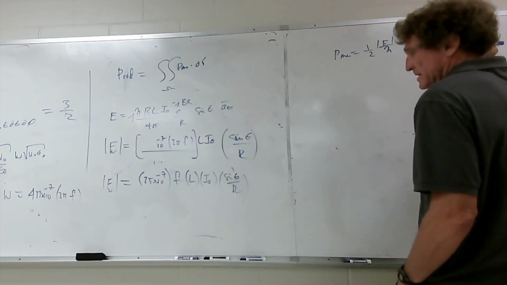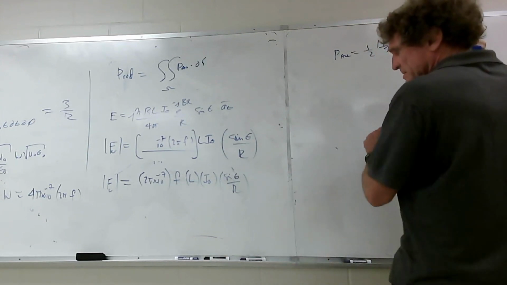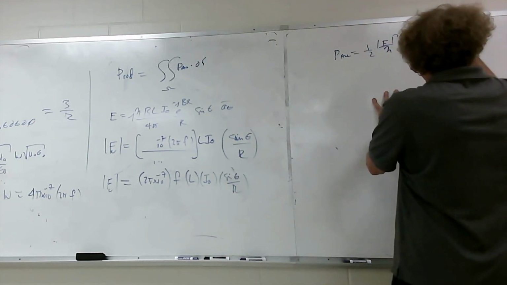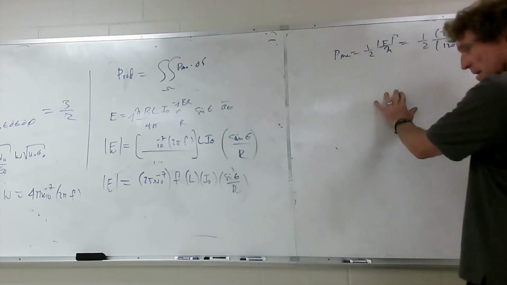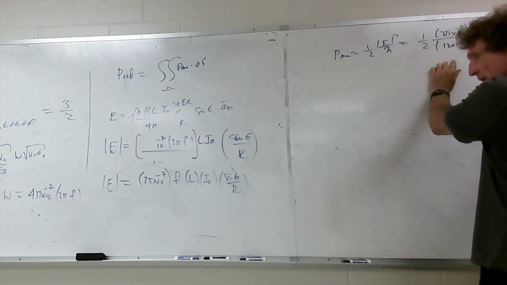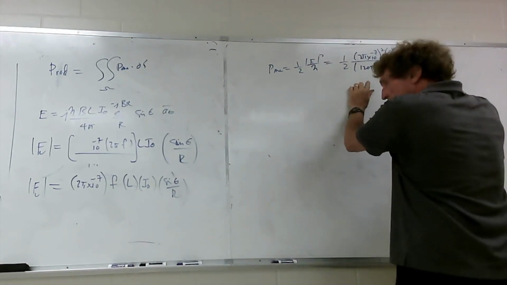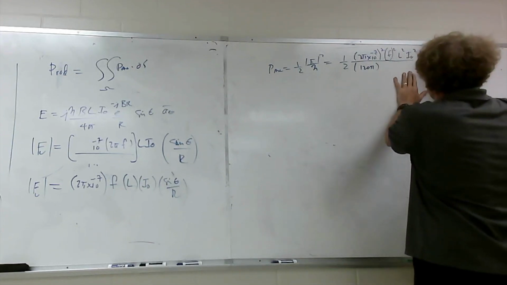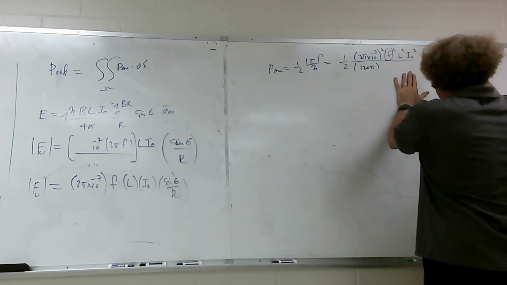So it's 2 pi times 10 to the minus 7, squared, times f squared, times L squared I naught squared, and then sine squared theta over r squared.